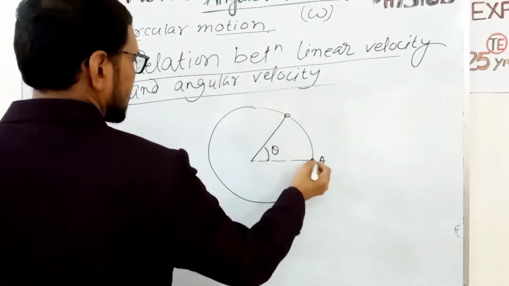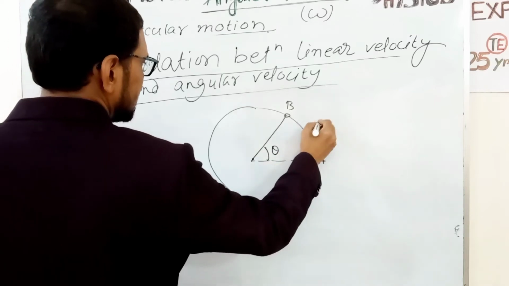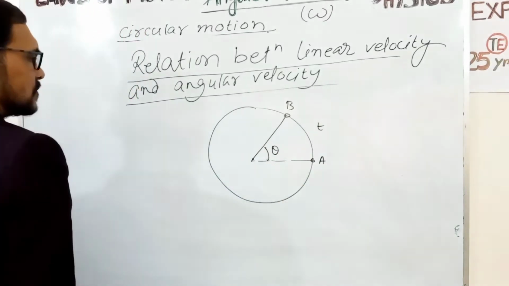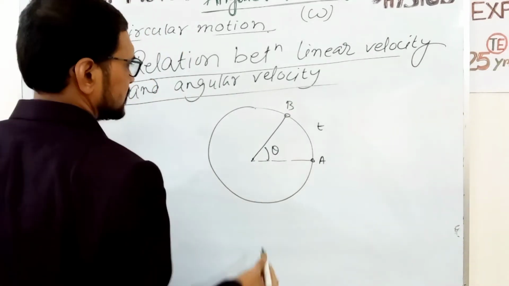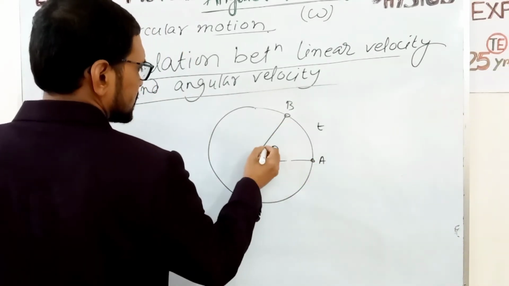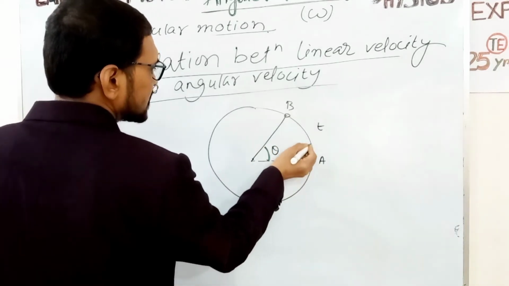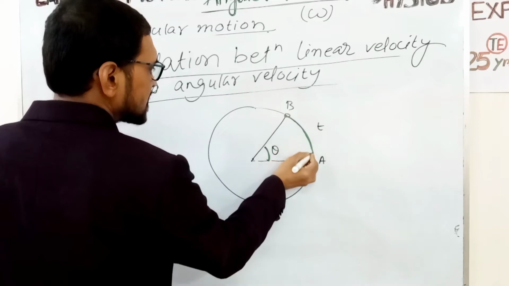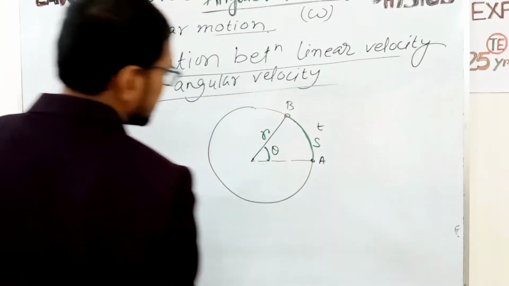The particle travels from A to B, producing angle theta at the center in t seconds. What is the distance covered? Linear distance covered is s, and the radius of the circle is r.